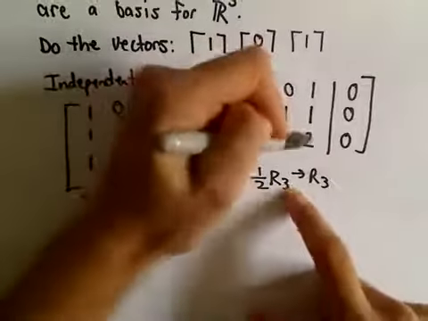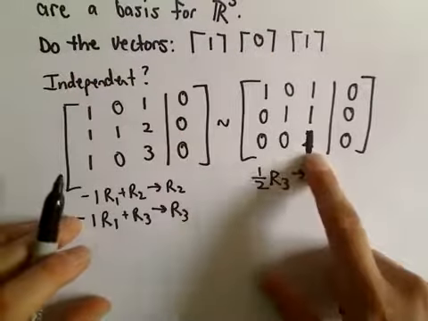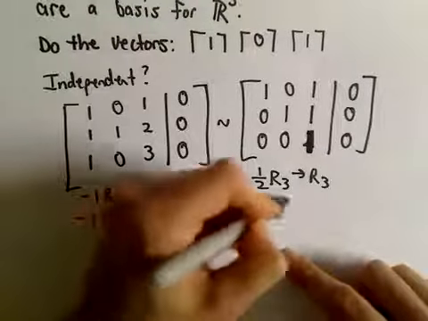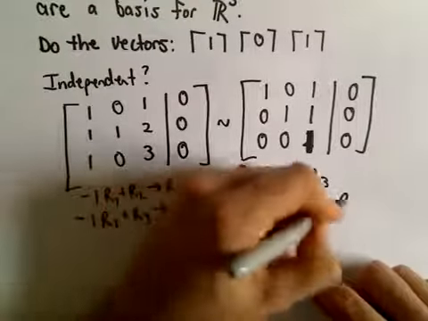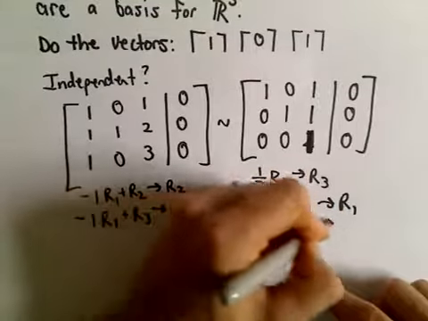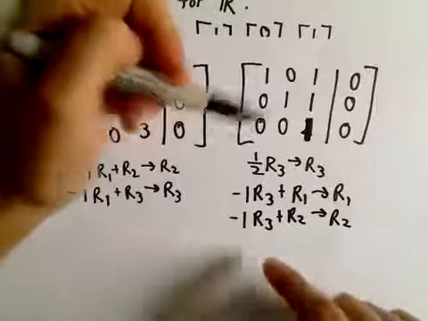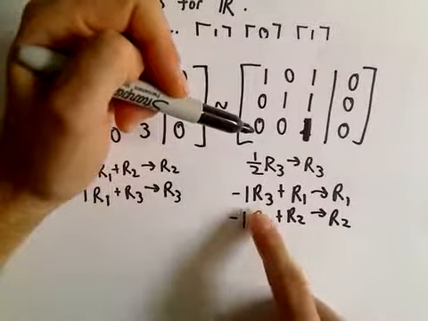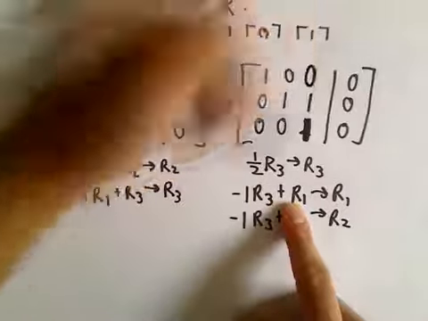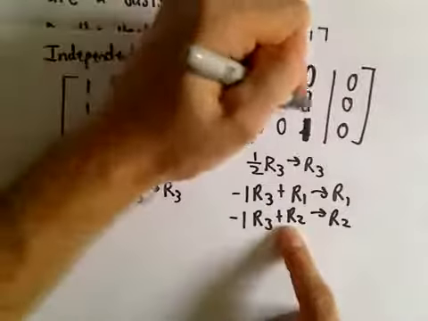Instead of rewriting this all one more time, if we divide everything by 2, the only thing that's going to happen is the 2 will turn into a 1. And now we can do -1 times row 3, add that to row 1 to get our new row 1, and -1 times row 3, add that to row 2 to get our new row 2. In the sake of being brief here, if we take -1 times row 3 and add it to row 1, we'll get -1 plus 1, which will make that into a 0. If we do -1 times row 3 and add it to row 2, it'll make that 1 also into a 0.